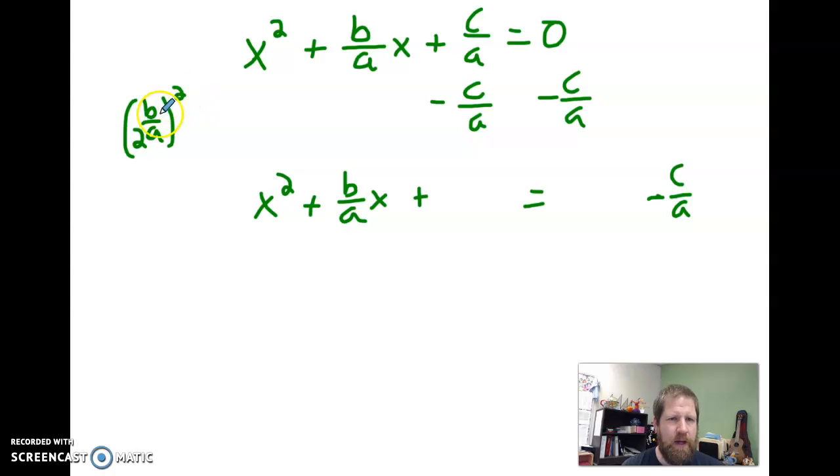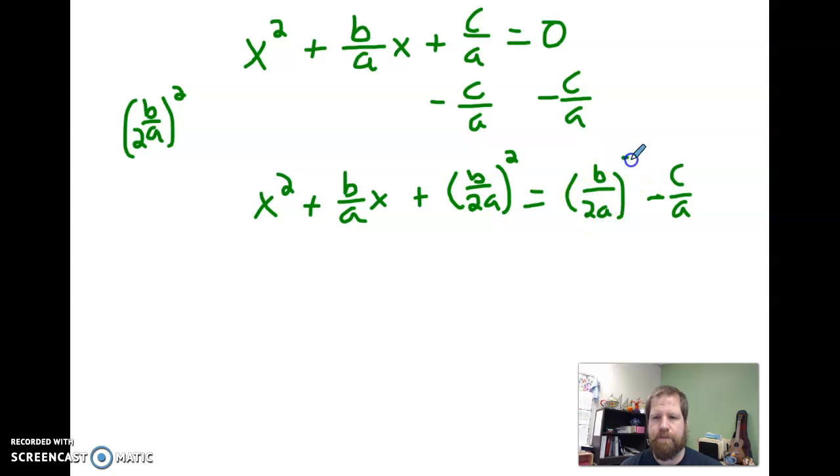So b over 2a squared, and I'm just going to put that straight in. Not going to mess with it, not going to try and simplify it or evaluate it at this point, although we will get to that in a little bit.